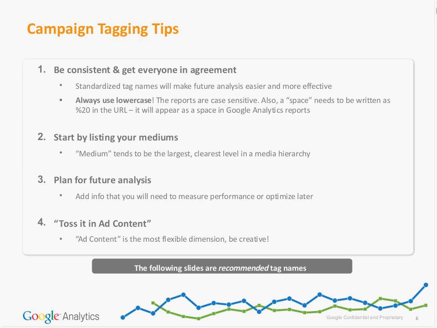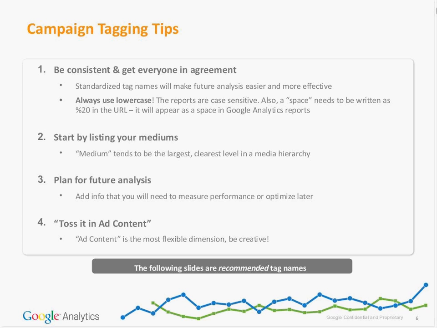The first is just to be consistent. When you send data into GA, like the campaign name or the ad content name or the term, you change it, it will always be there in that way. And so you'll need to make sure that as you send tags, you want to be very, very consistent, down to the point of using the same case, because reports are case sensitive, or always using the special codes that represent characters like spaces or backslashes or such.